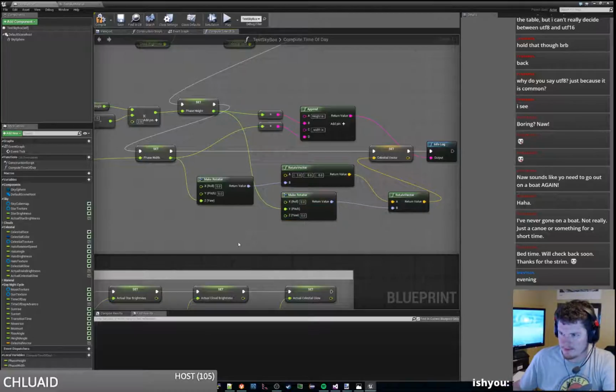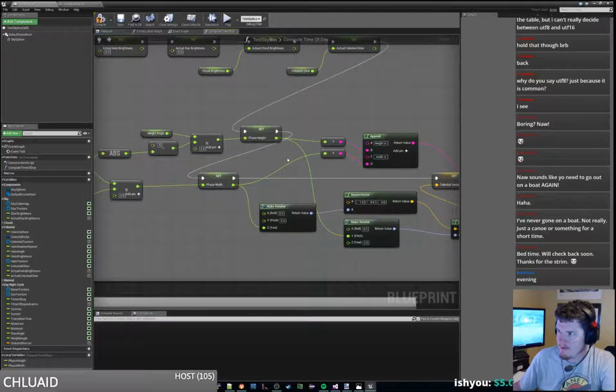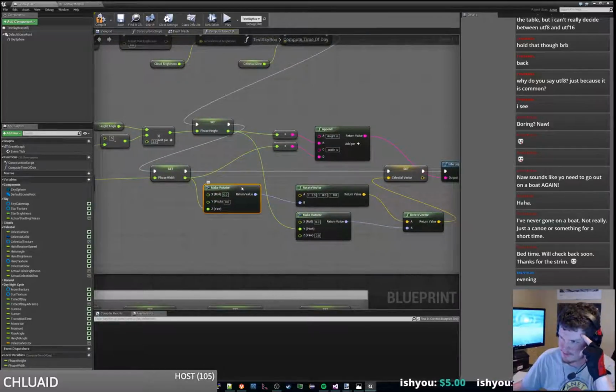This is when I don't like working with quaternions, because I want the non-quaternion version of this rotation, but they don't have it. They don't have that, because people would make mistakes.